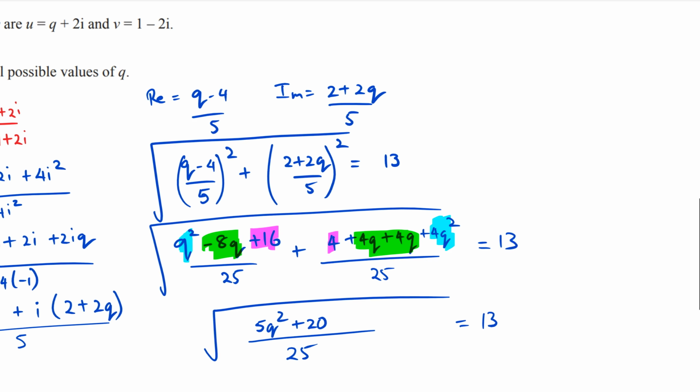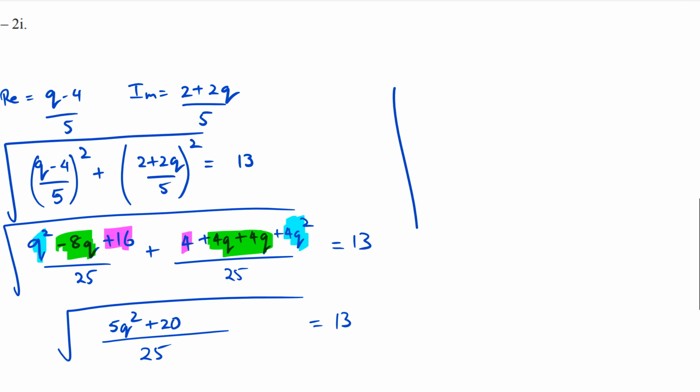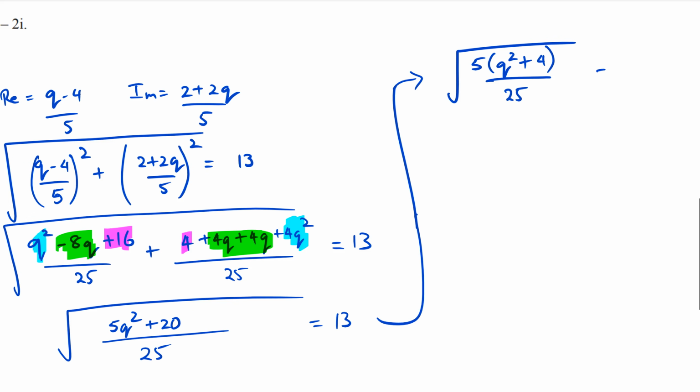Now, what I could do is simplify whatever's inside the square root further by taking 5 as a common factor. I'm going to get q squared plus 4 over 25 equals 13. And of course 5 and 25 cancel each other to give me q squared plus 4 over 5 equals 13. Now I could get rid of the square root symbol by squaring both sides.